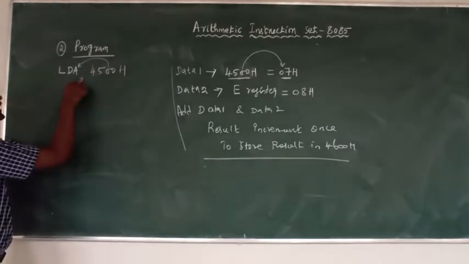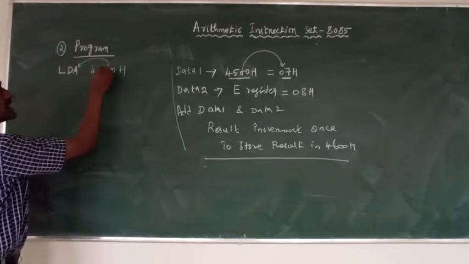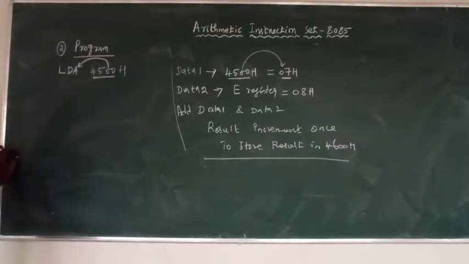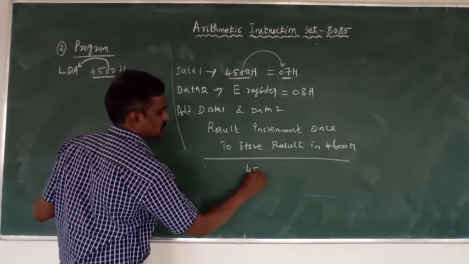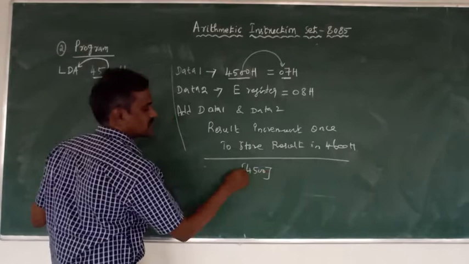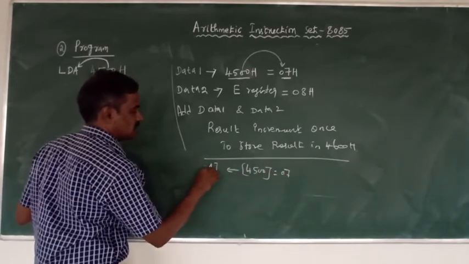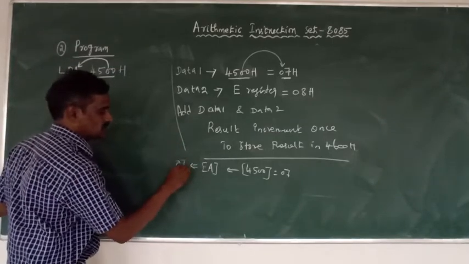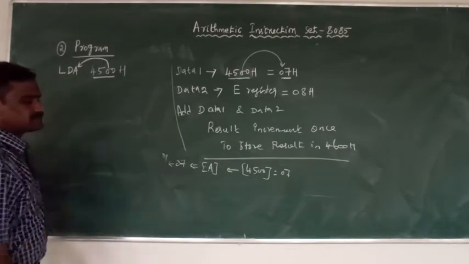LDA 4500 means the 4500 address location data is loaded directly into the A register. Now register A equals 07. This is for data 1.